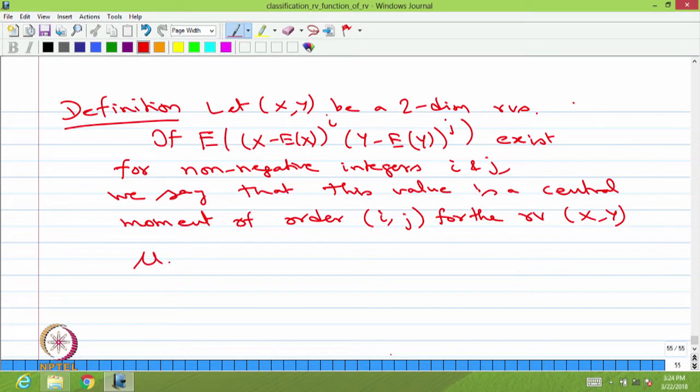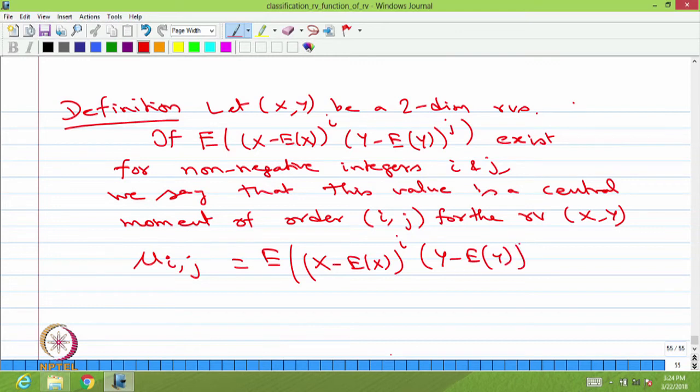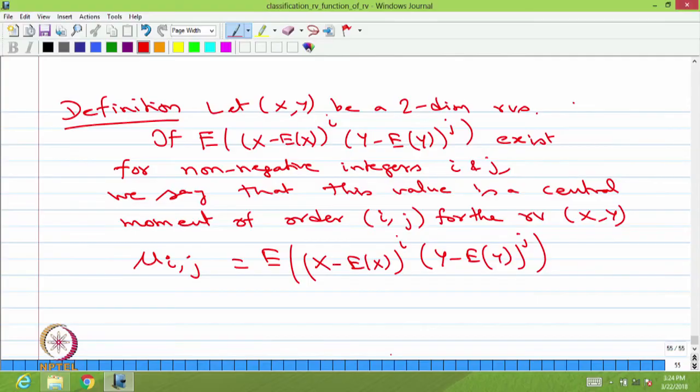It is denoted by mu suffix i, j, that is, the expectation of (X minus expectation of X) to the power i times (Y minus expectation of Y) to the power j. Once the expectation of this function of X and Y exists, this value is the central moment of order i, j, denoted by mu i, j. Here i and j are both non-negative integers.